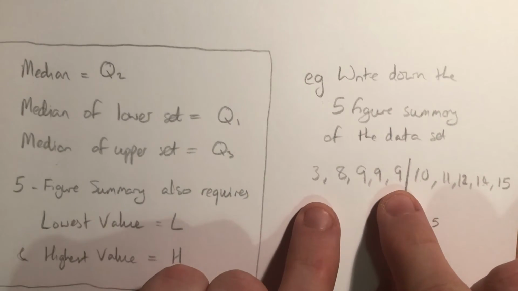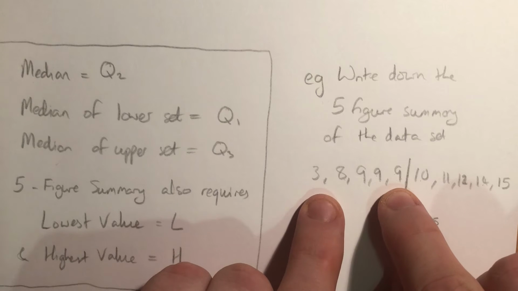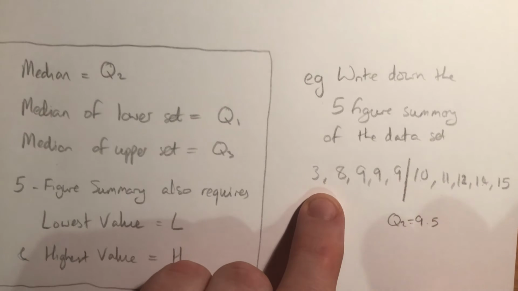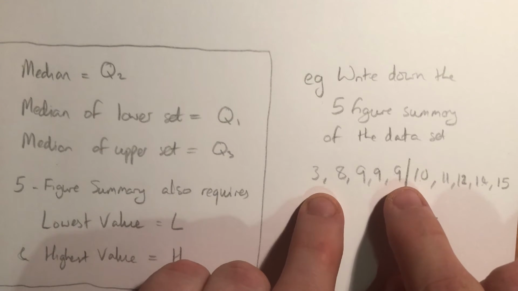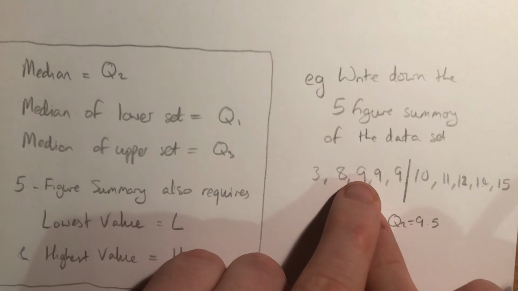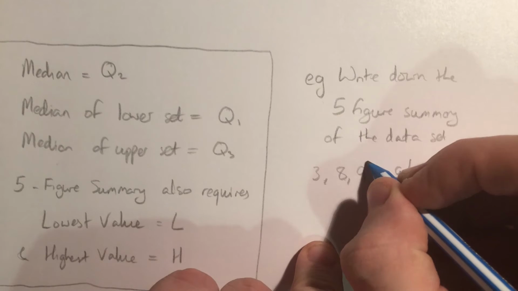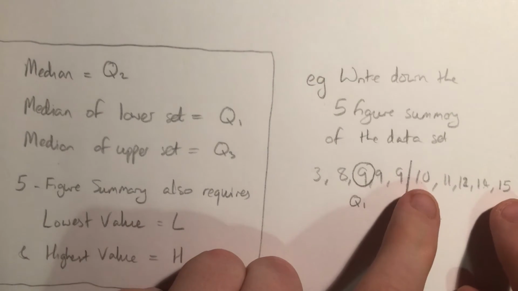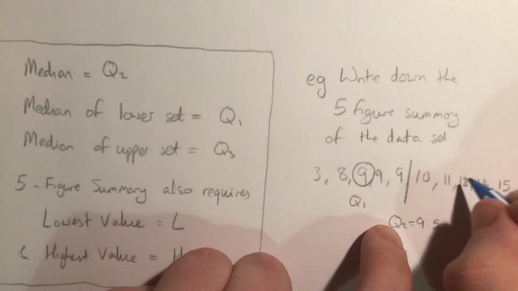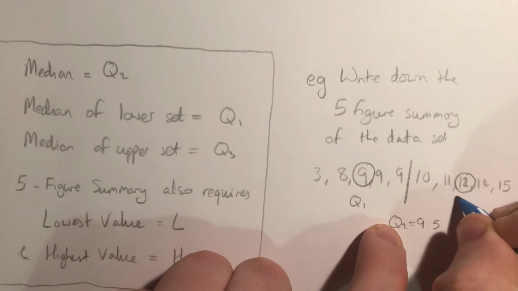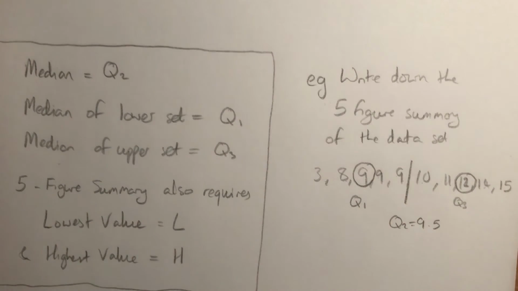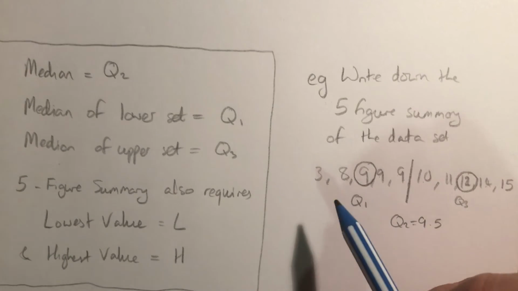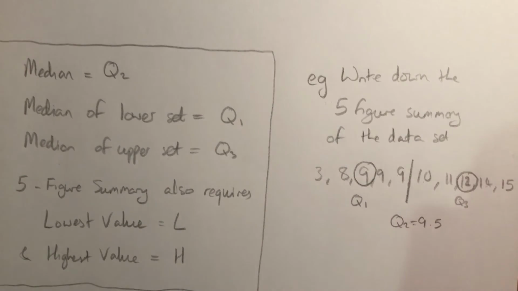Now, the median of the lower set, Q1. So this is our lower set here. This is the half of our data set that's below the value of Q2. We see there's 5 numbers, 1, 2, and our middle number is that 9. I'm going to circle that off and call that one Q1. And similarly up here, 1, 2, 3, 12 becomes our Q3 value. Okay, so all we've done so far is just work out what Q1, Q2, and Q3 are.